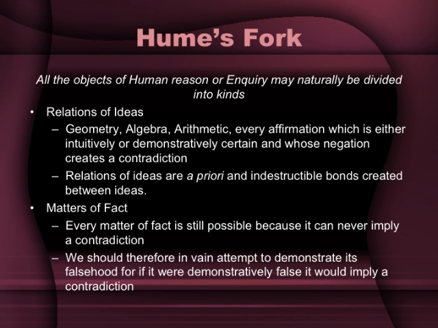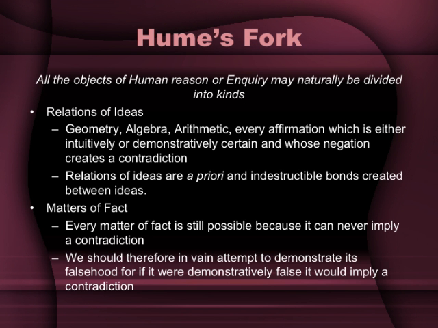I mean, it's not certain, definitely not demonstratively certain at this point in time, and its negation does not create a contradiction. The sun will not rise tomorrow is no less intelligible a proposition and implies no more a contradiction than the affirmation that it will rise tomorrow.